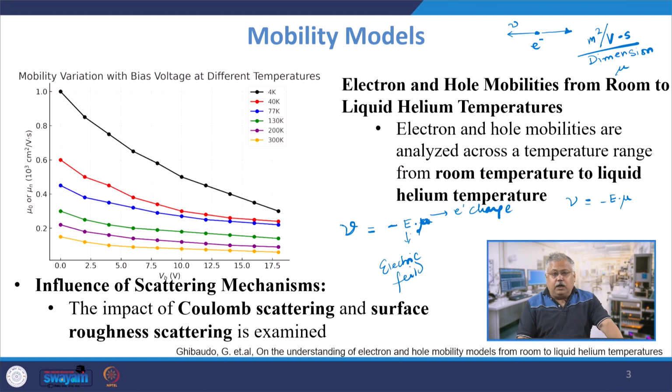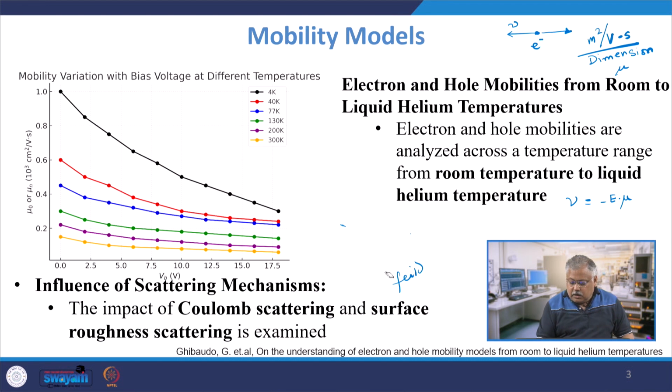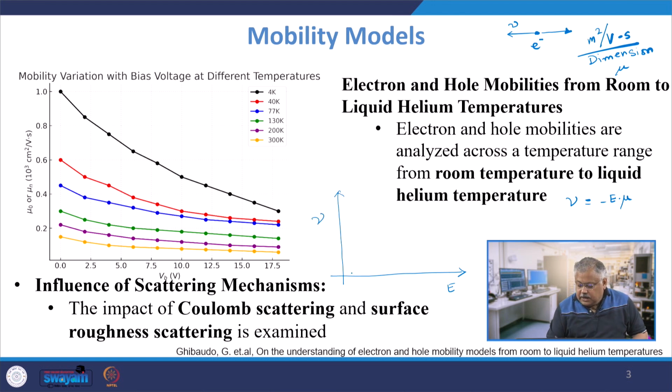Now it effectively means that as the electric field goes on increasing, my velocity will go on increasing in a linear fashion. Let me plot the velocity versus electric field graph and show it to you. If you plot electric field versus velocity for silicon, it maintains an almost straight line, but beyond a point it shows a constant value.